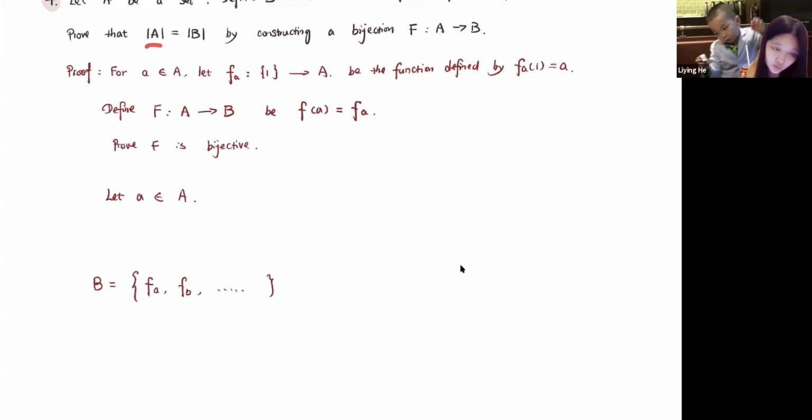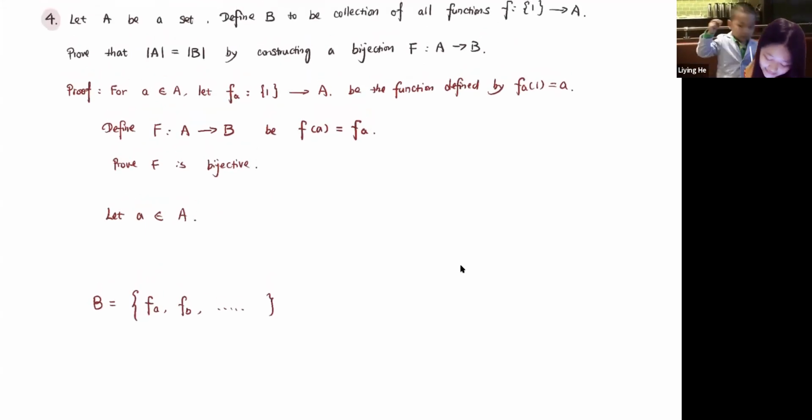And you might have infinitely many functions in your B. You can have as many as you want. It depends on how many elements of A you have. The whole reason that they have the same cardinality is because your domain has only one element, so it can only map to one element in A. So the number of functions in B depends on how many elements A has.